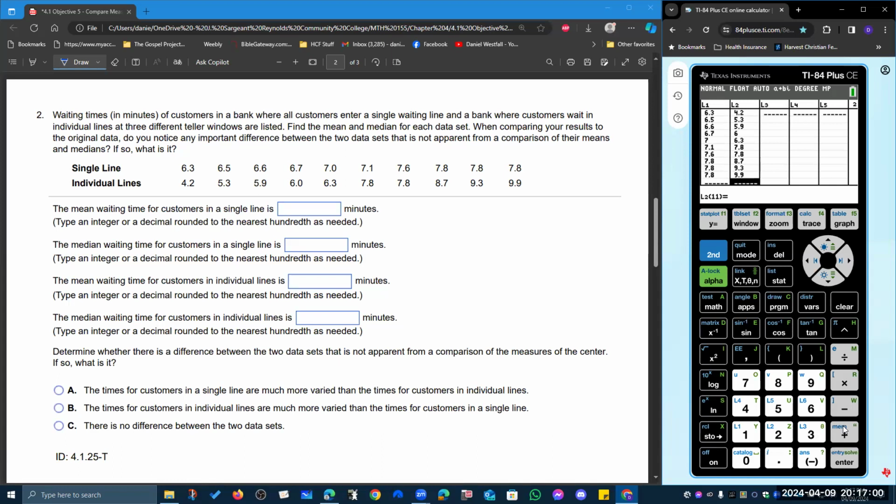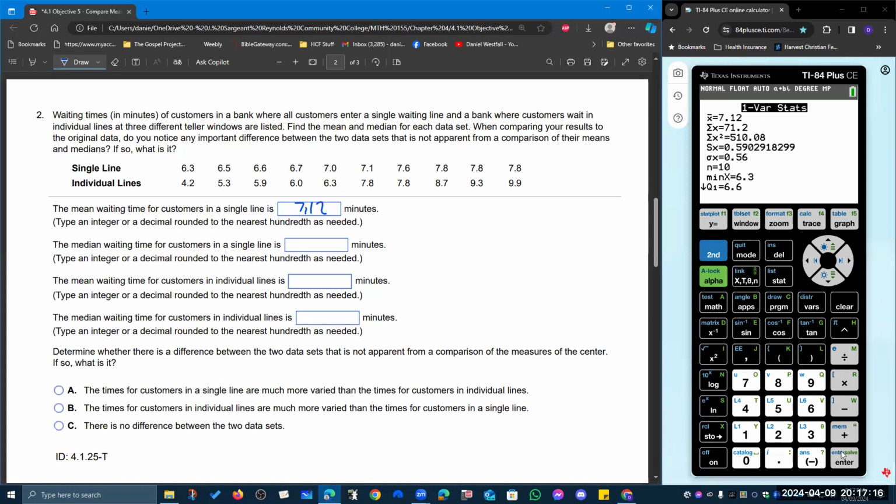And let's find the mean for the waiting time for the single line. And this is 7.12. And the median for the single line is 7.05. Now let's look for the individual lines.